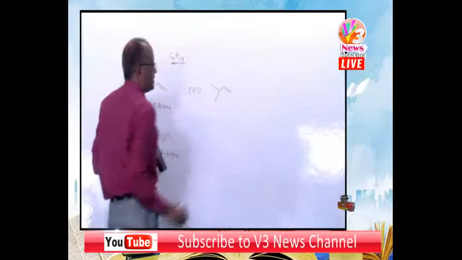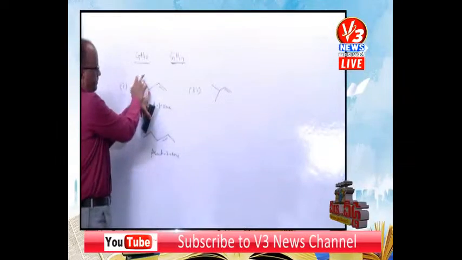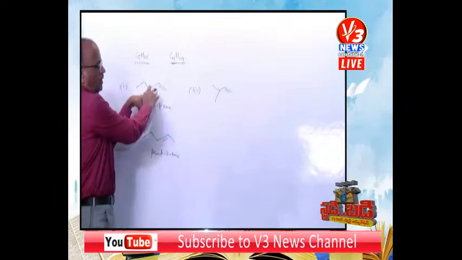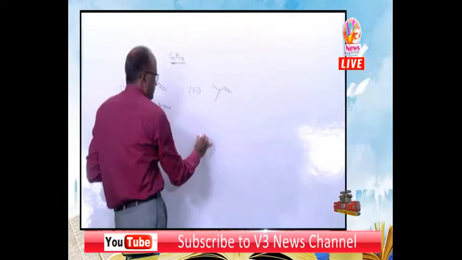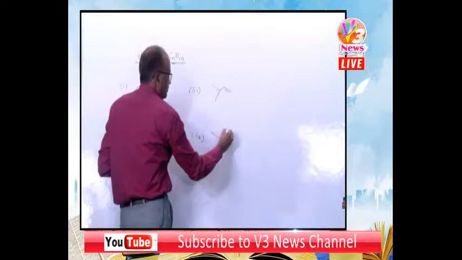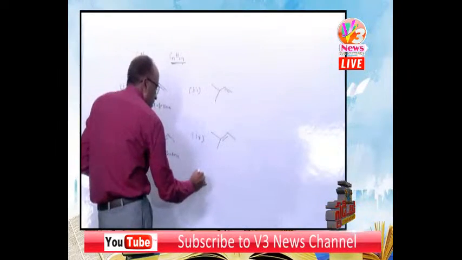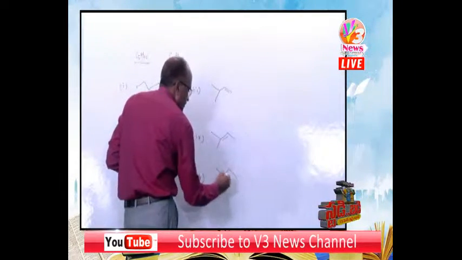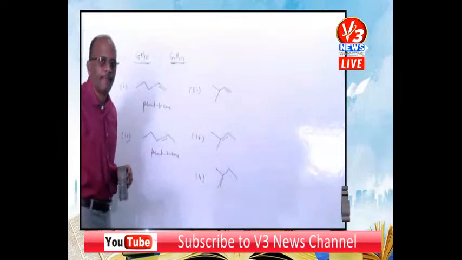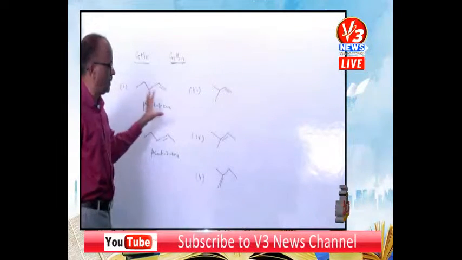A compound like this. I am shifting methyl group to this one. Now I will shift this double bond to this carbon, this one. I will shift double bond to this carbon, like this. So these are possible open chain structures.